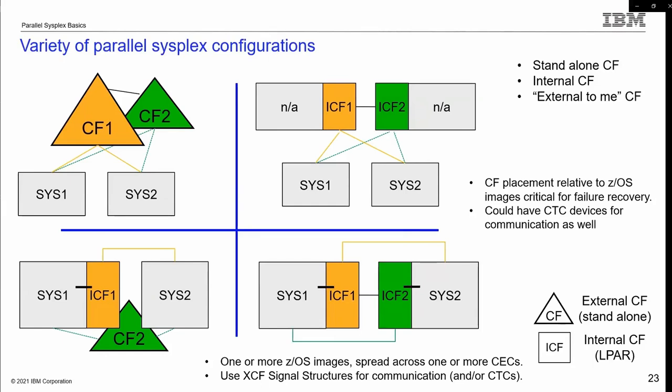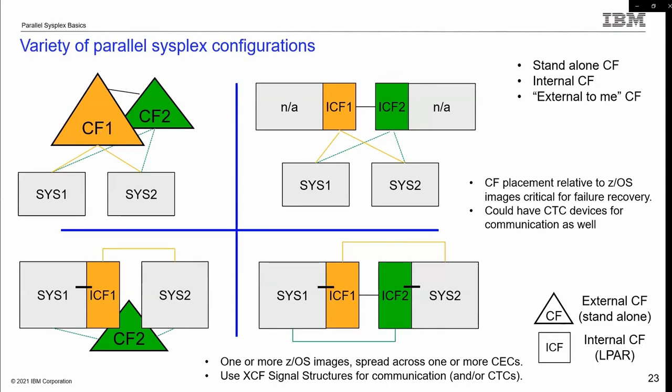So in this example, we have basically 4 CPC boxes, one running System 1, one running System 2, one running CF1, one running CF2. On the bottom, we have the introduction of something called an ICF, an internal coupling facility. All that means is that the coupling facility is actually running in an LPAR that also is running other LPARs with other operating systems running.